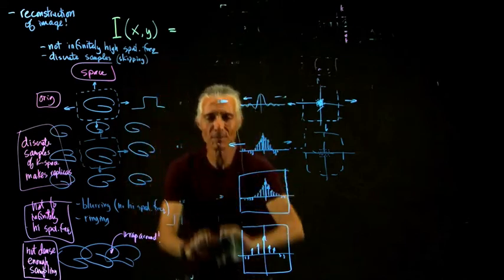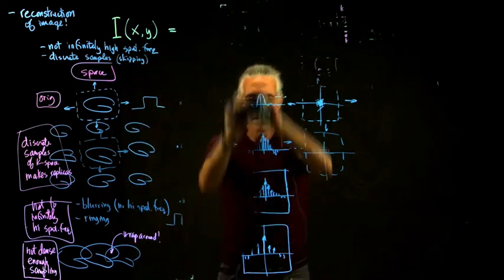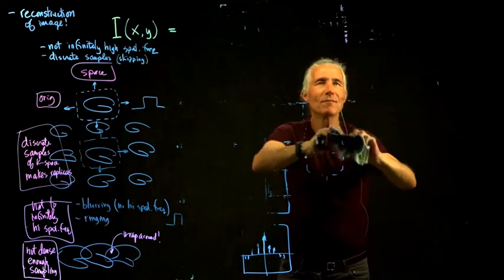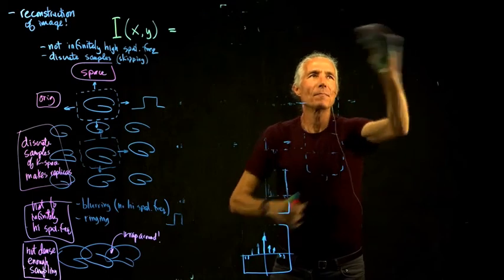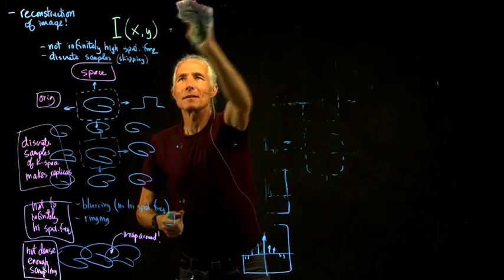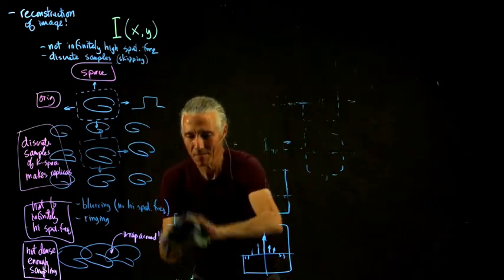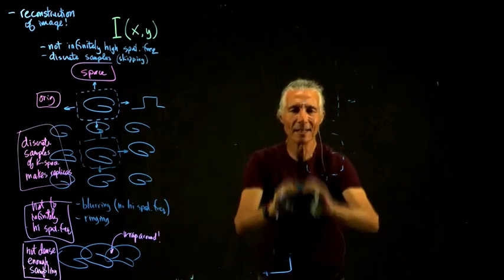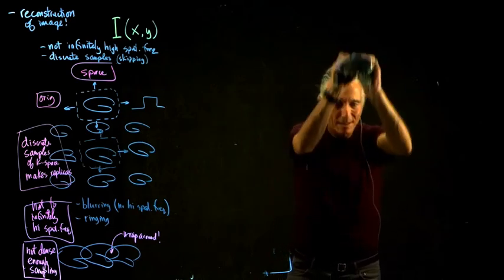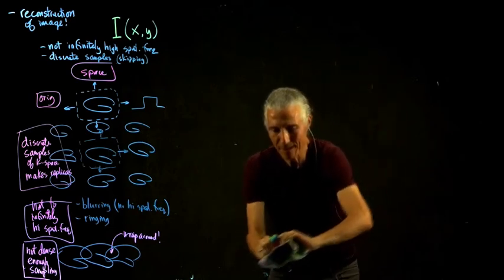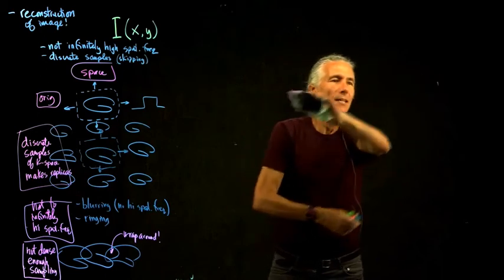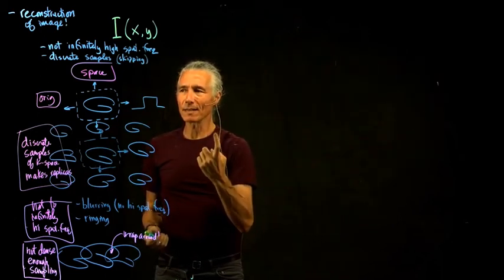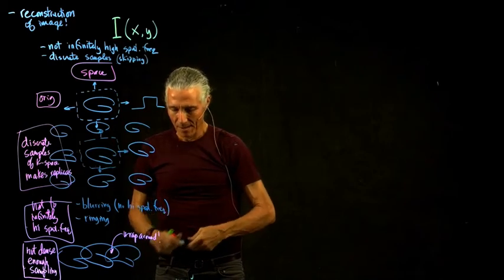For better or for worse, we'll try to get an intuitive feel for that from talking about sampling, our sampling function. We've got a continuous thing, but we're not sampling it continuously. We're just sampling at a point, an infinitely small point.